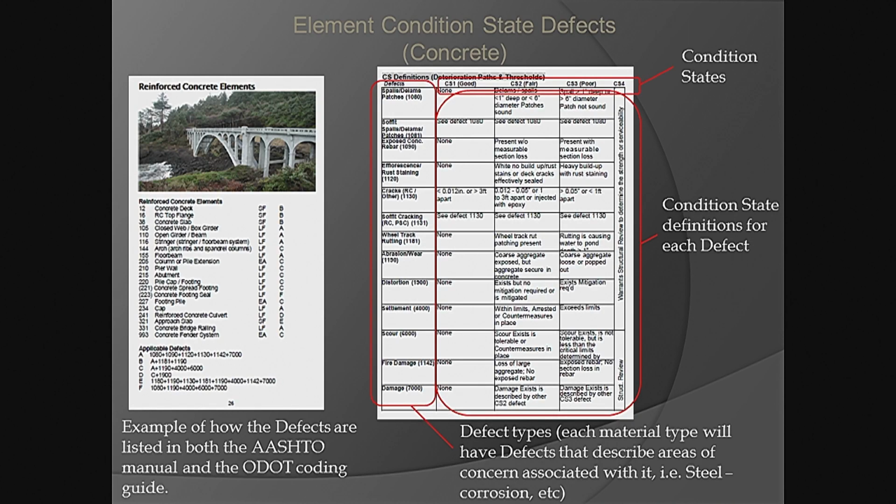Nothing that we really need to pay close attention to. We want to put it on the radar to say, okay, this could become an issue down the road. Condition state 2 starts to look at cracking that is a little bit more closely spaced, and the size of the cracks a little bit wider. So again, it's just quantifying that defect so the inspectors can then relay to the bridge owners what's going on with the structure.